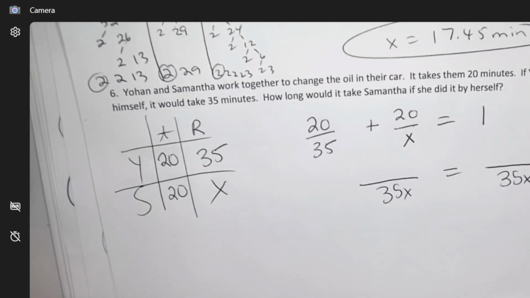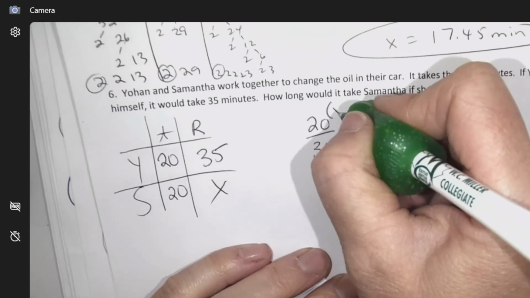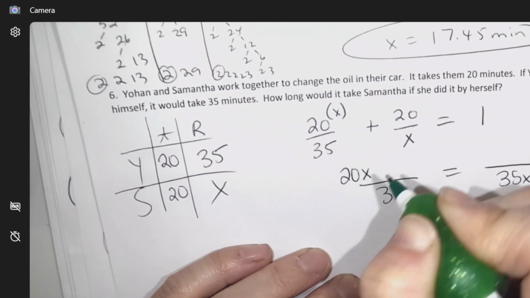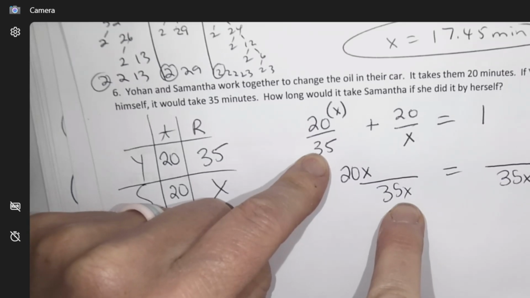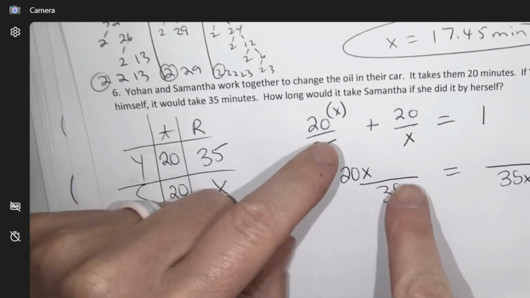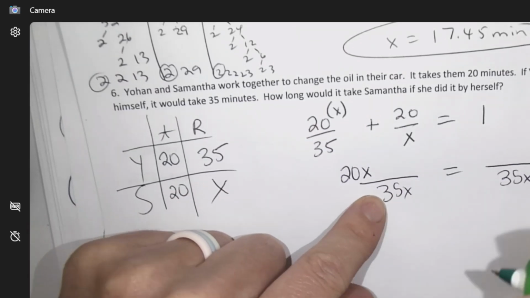So 35x. I figure out what I should multiply by. 35 needs to get multiplied by x, so the top 20 needs to get times by 35 there.